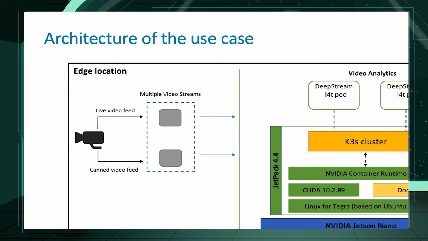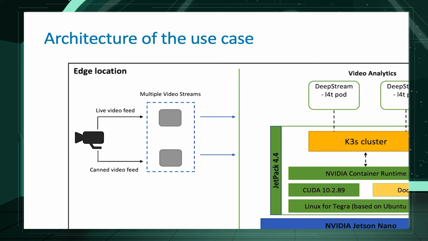Okay, so now let's talk about the architecture of the use case. Here you see an edge location with a camera that's providing multiple video streams, and it's a USB camera that's connected directly to the Jetson Nano. Now you see two different video feeds.